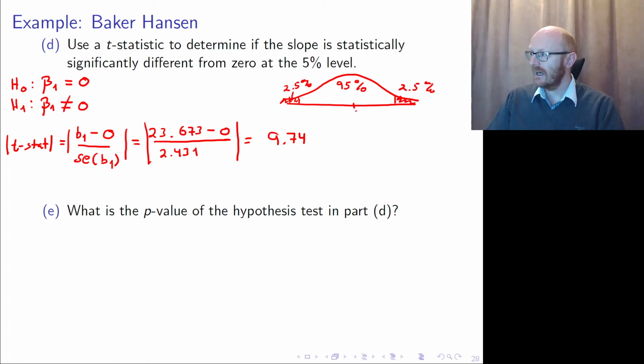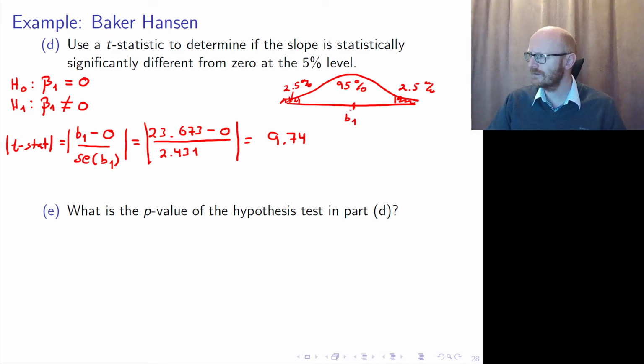And how many standard deviations away from the mean would we have to go to cover 95% of the area? Here that would be the B1 value we got.